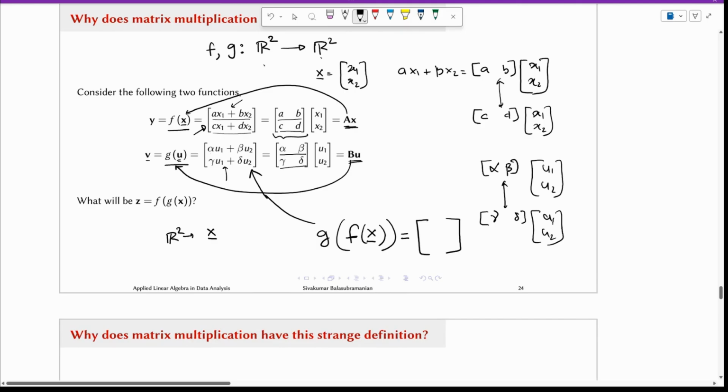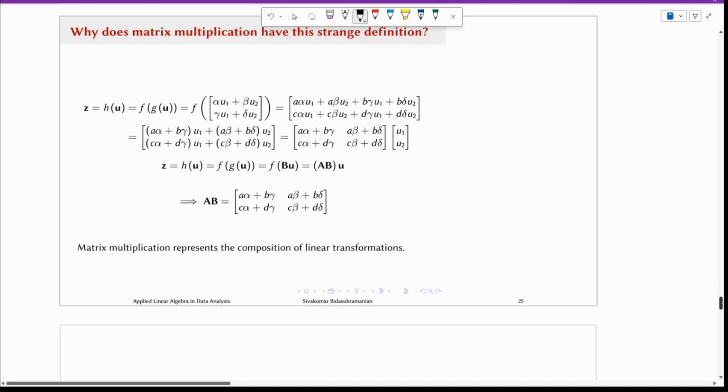If I input this to G, U1 will simply be this, U2 will simply be this. So you simply substitute this for U1 and this for U2 here. And if you multiply it out, that essentially gives you the two elements of G of F of X.